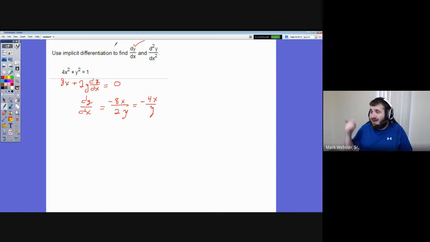So we're taking the derivative again of this piece, right? Well, quotient rule, right? Low d high minus high d low over low squared. Low d high, so, minus high d low.